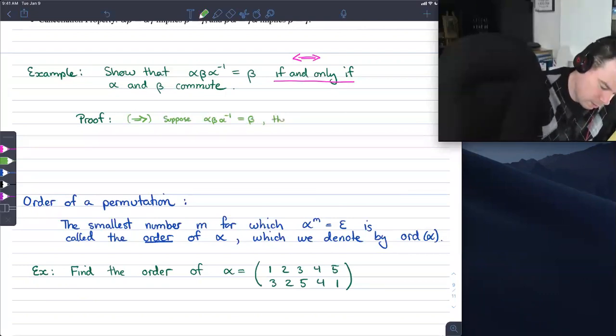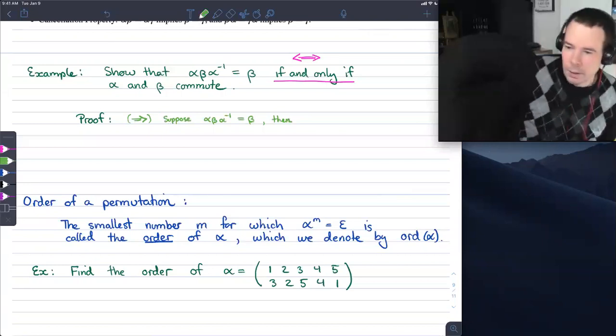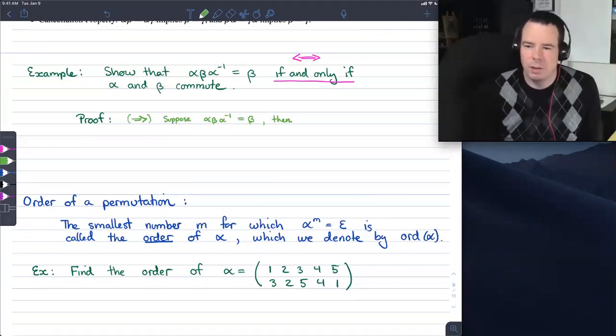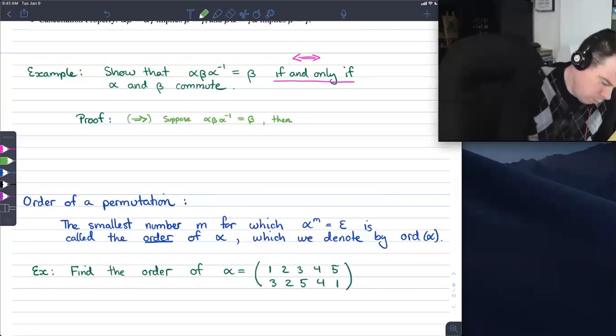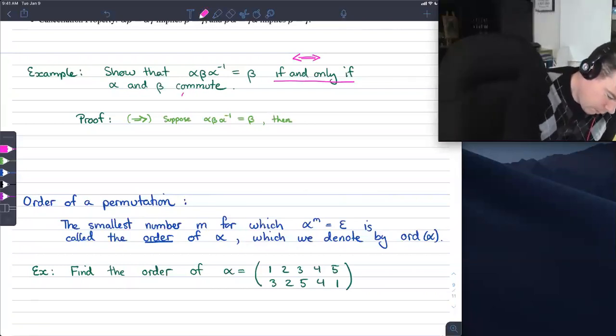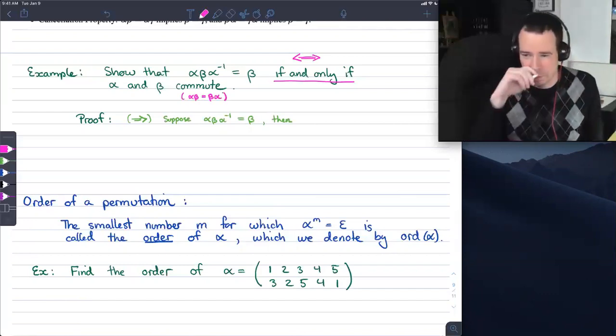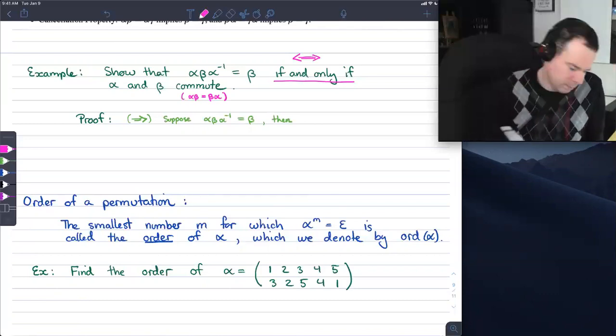Then what we want to do is try to conclude that they commute with one another. And remember, commute means that alpha beta is the same as beta alpha. It doesn't matter which order you multiply them in. You'll get the same result.